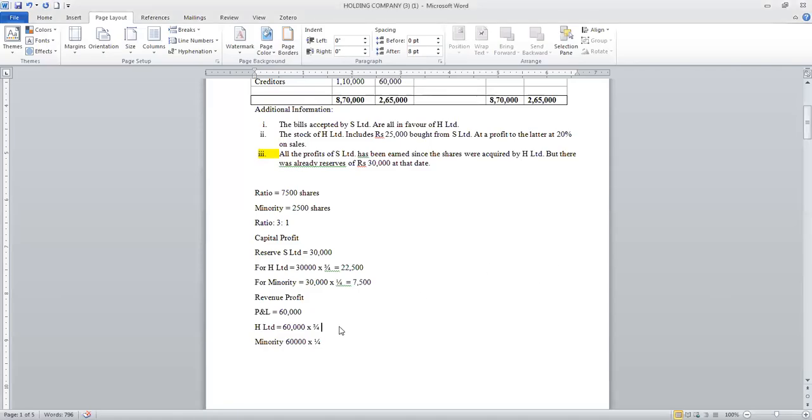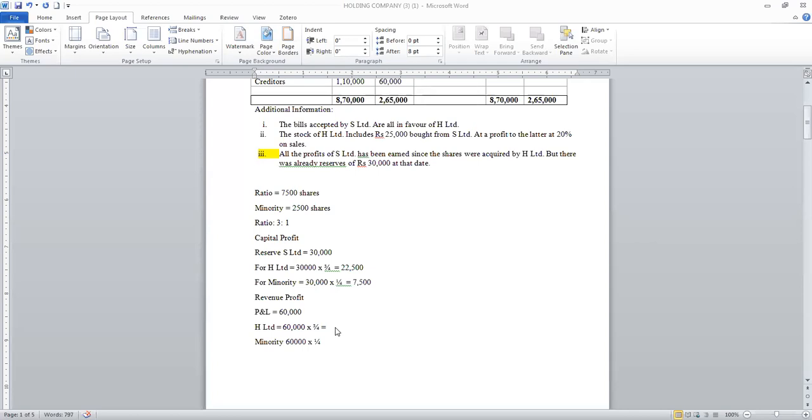That comes to 45,000 for H Limited and 15,000 for the minority. So this is the way we calculate the revenue profit and capital profit. I think you understood very clearly how to calculate capital profit and revenue profit.